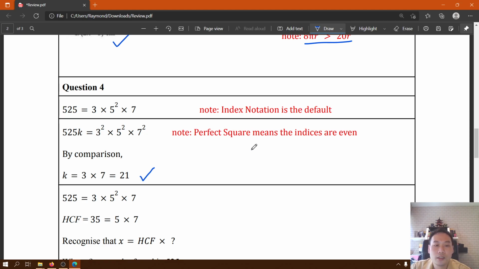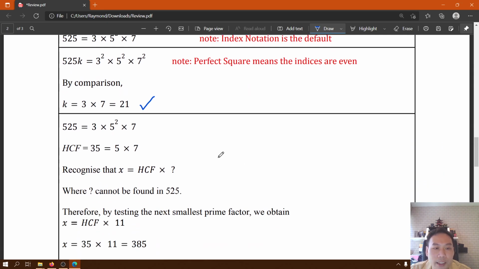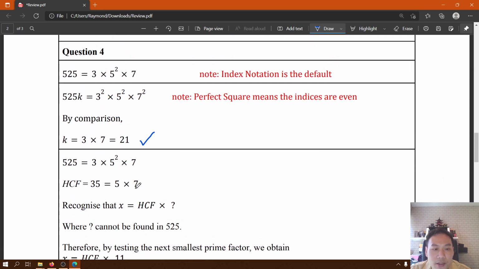Okay. Now, for the third part of the question, there's another thing that we need to understand, right? First of all, they tell us that 525, we know this, right? And this time round, they tell us that the highest common factor is 35, which is 5 times 7.